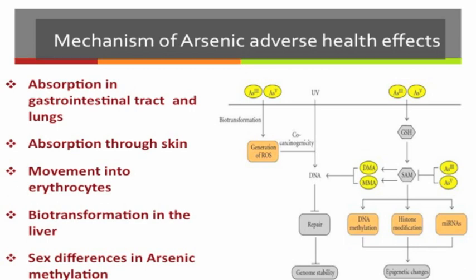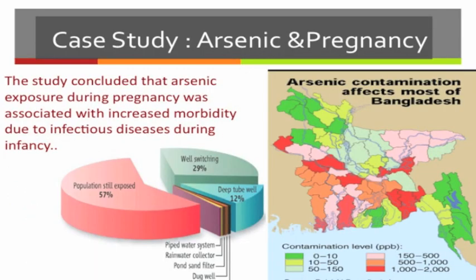Case study: Arsenic and pregnancy in Bangladesh. This study was done by a scientist called Raman and some other scientists. The researchers evaluated the association between arsenic exposure in pregnancy and causes of morbidity during infancy.